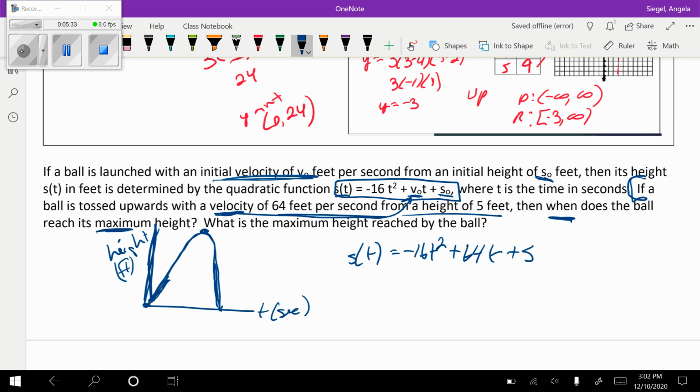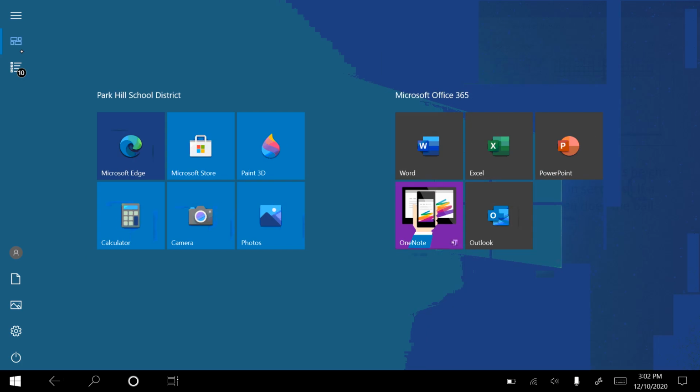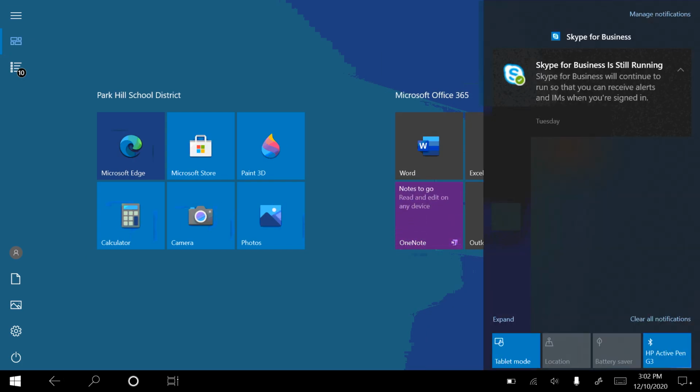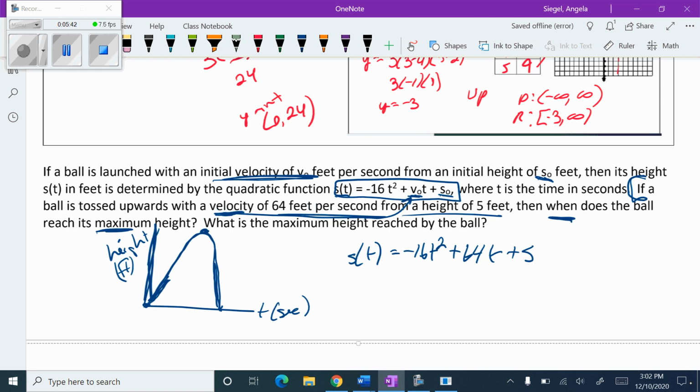What it's asking for is this value right here. So what is the x value of your vertex, or the t value of your vertex?